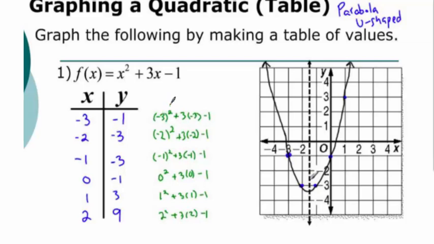This is going to be positive 9 plus negative 9, 0 minus 1. That's where we get the negative 1 here. I will often write it out because then it's easier for me to number crunch. I see here I've got 4 plus a negative 6 minus 1. That's where we got the negative 3.